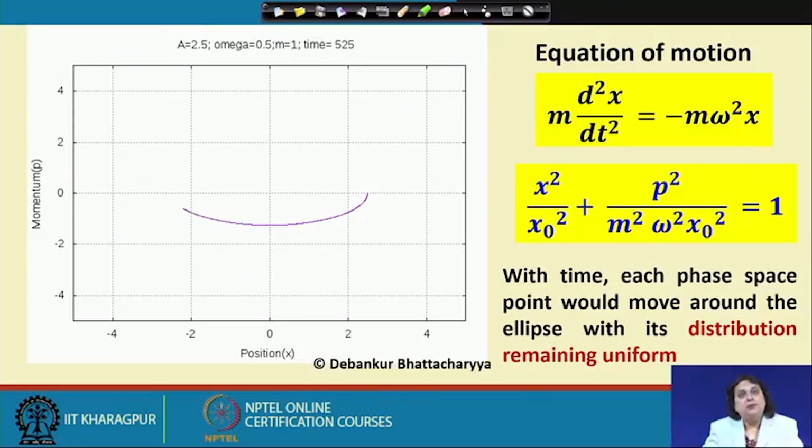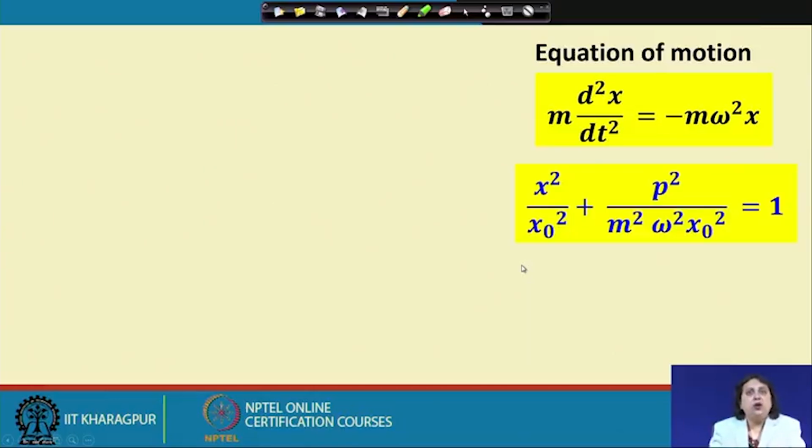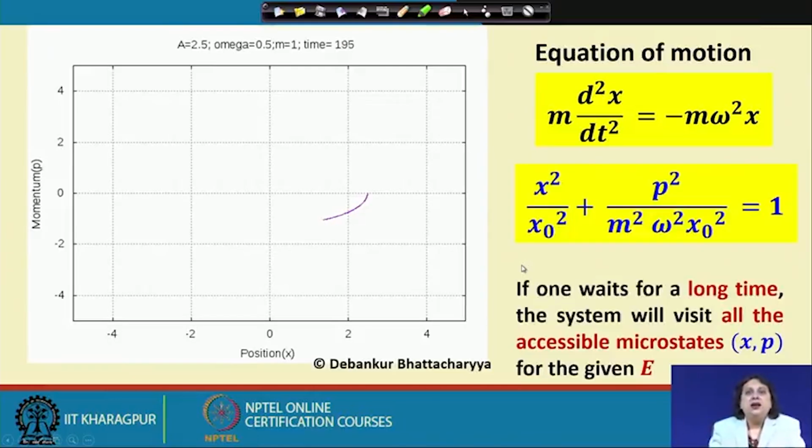By the initial condition we asked it to move in this direction, so it is moving in this direction and it uniformly samples all the points that are present on this particular ellipse. We also note that if I wait for a long time, then the system in turn will visit all these accessible microstates for the given energy.